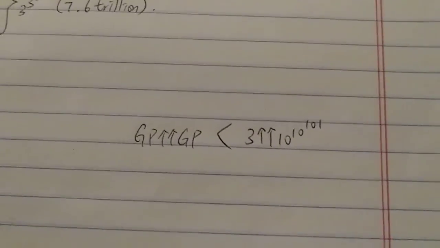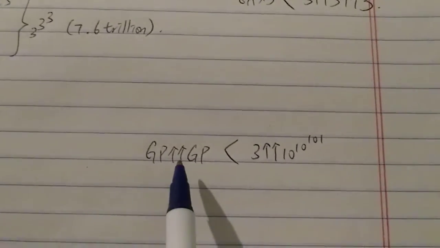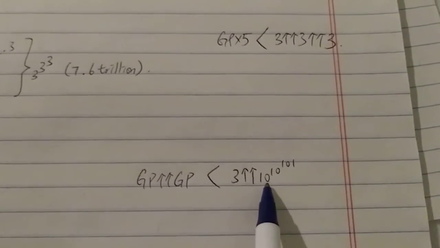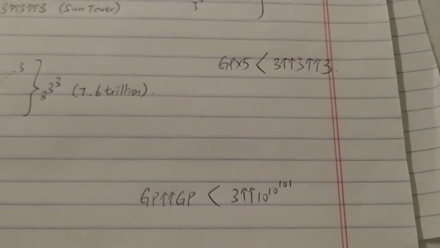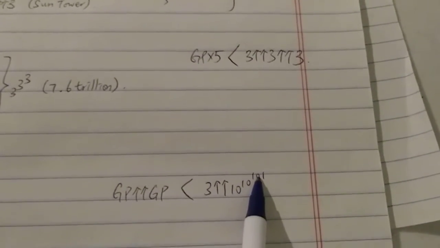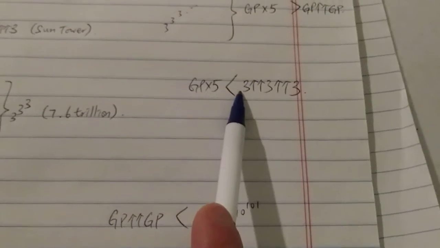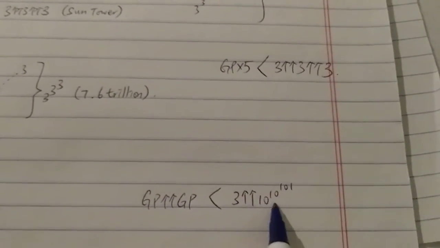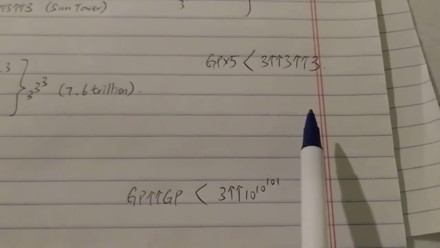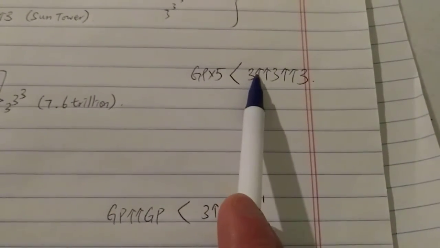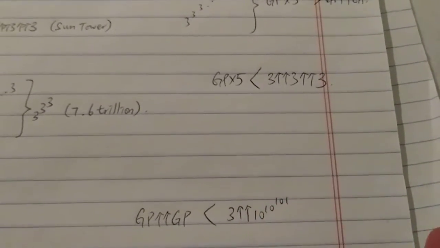That's why a Googolplex double arrow Googolplex is way smaller than 3 double arrow 10 to the 10 to the 101. And of course, 10 to the 10 to the 101, on the other hand, is way smaller than 3 double arrow 3 double arrow 3 for obvious reasons, right? I mean, this number here, 10 to the 10 to the 101, is way smaller than 3 double arrow 3 double arrow 3.